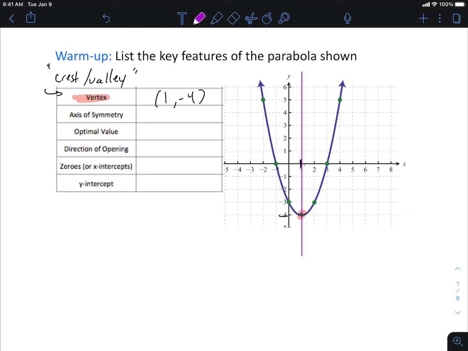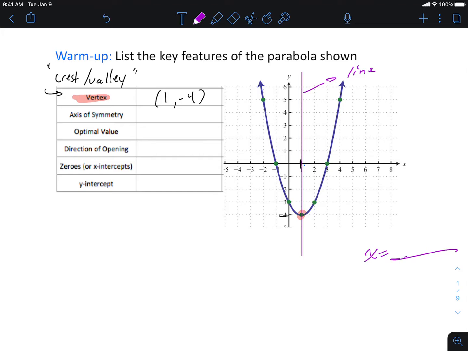Okay? And then when you go to write this, this is a line, right? And we know that lines have equations. So when you tell me what the axis of symmetry is, you have to write it as a line. A vertical line, in terms of an equation, has to be x equals something.